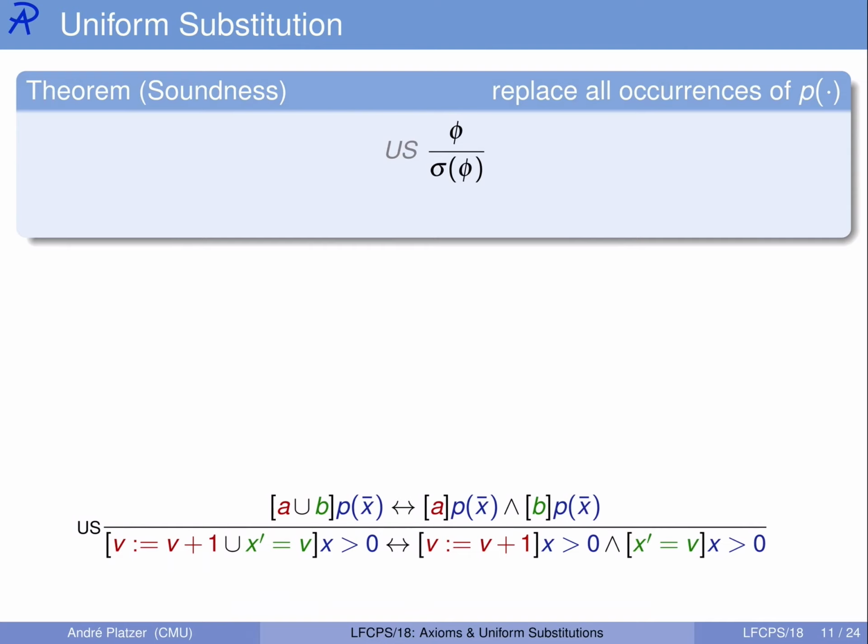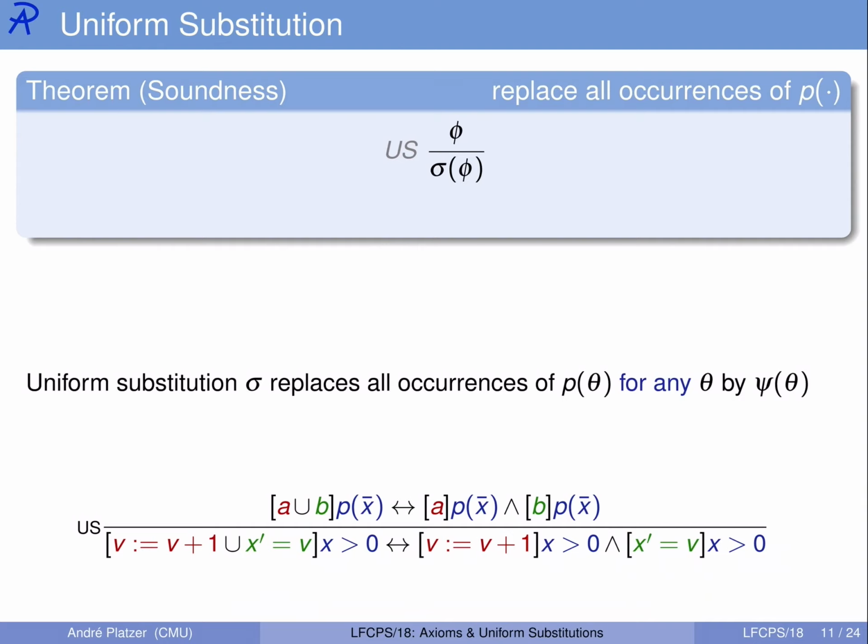Of course, the same one everywhere, but otherwise it isn't very logical to do this replacement. And the program symbol B by possibly another program, x prime equals v, again uniformly everywhere. And the predicate symbol p applied to the arguments by a concrete formula x greater than 0 everywhere. And yes, since we believe in this because it is a valid formula, this is also a valid formula by the uniform substitution principle.